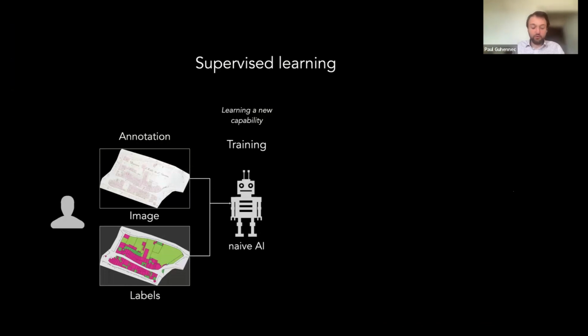It is a form of machine learning, or AI, that works as this little drawing is showing you. It starts from manual annotation. So you, as a researcher, would tell this software what exactly you want to do.